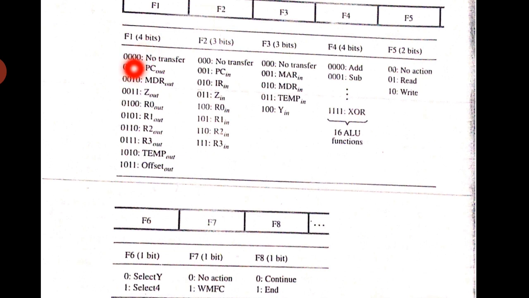From 0000 means no transfer, meaning no control signal is activated; all the control signals are deactivated. 0001 means the program counter output control signal is activated.